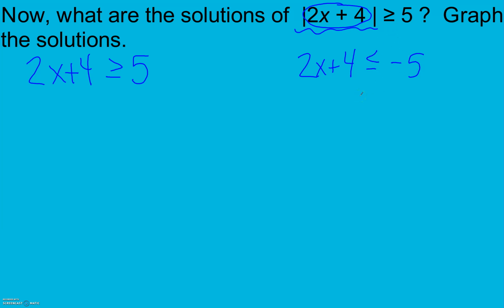It's like we multiplied by a negative, which means we change the inequality as well. Because I start off with a greater, it's an OR here. Solve, subtract 4. Whatever I do to one side, I do to the other.